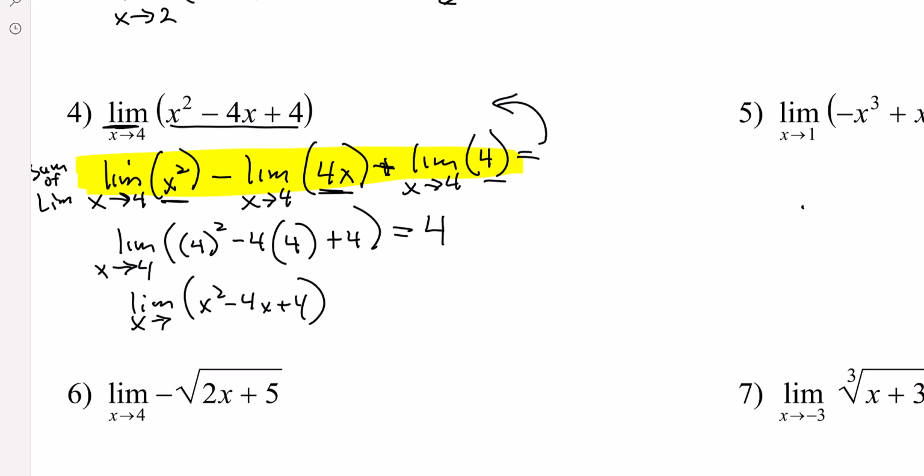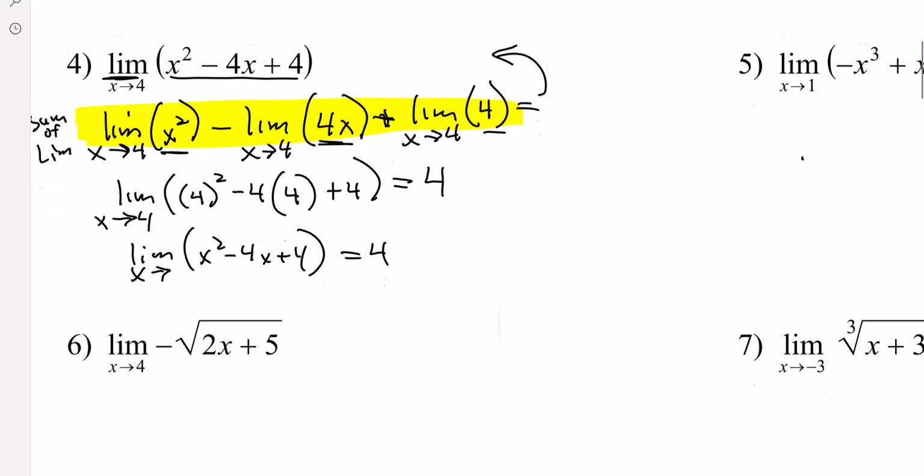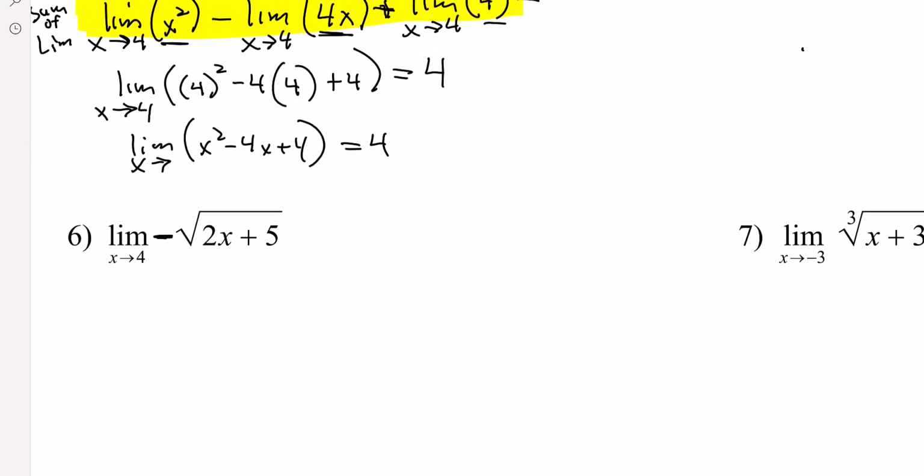All of this extra writing is mostly for the purpose of you getting used to the notation. Now, notice there's a negative sign in front. Typically, what we're going to want to see is you move that. You can even rewrite it as -1 times the limit of that function.